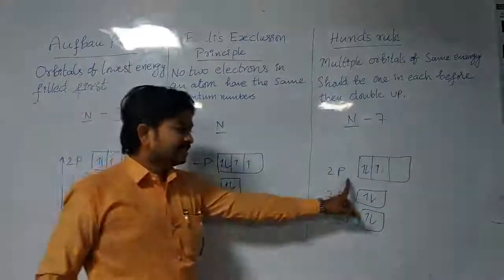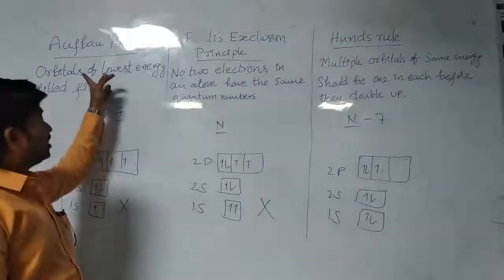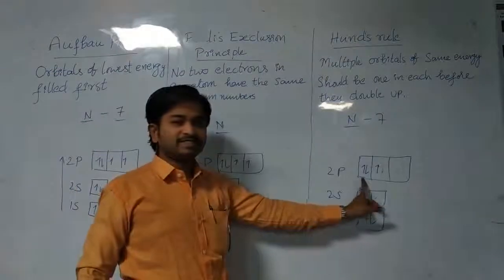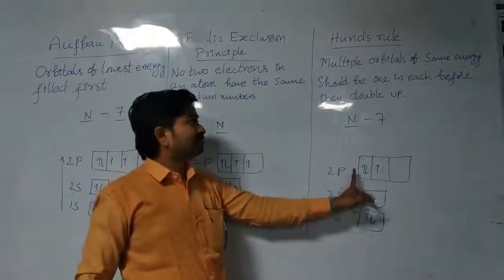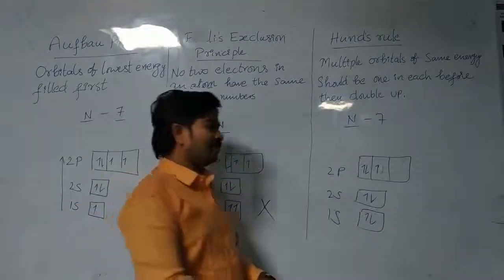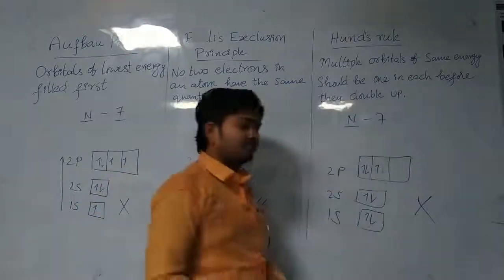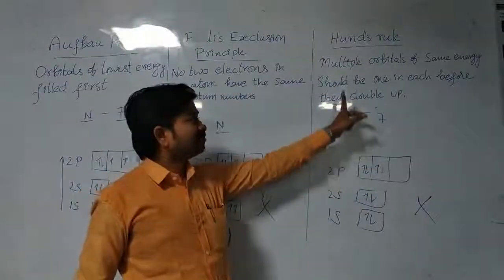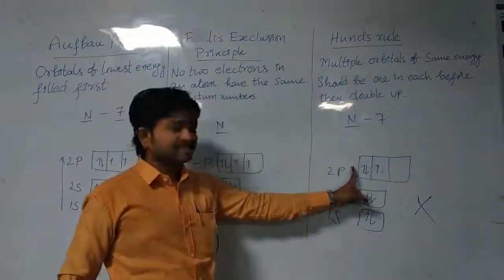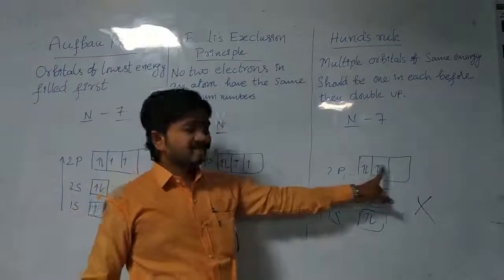Here, this obeys the Aufbau principle and Pauli's exclusion principle. These two rules are obeyed. But what about Hund's rule? Is it obeyed? No. Why will it not obey? Because we said multiple orbitals of the same energy. Here are multiple orbitals having the same energy.